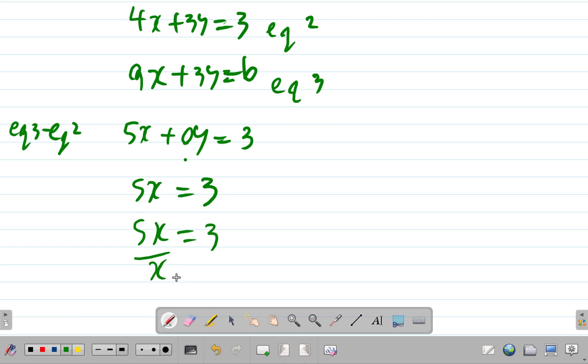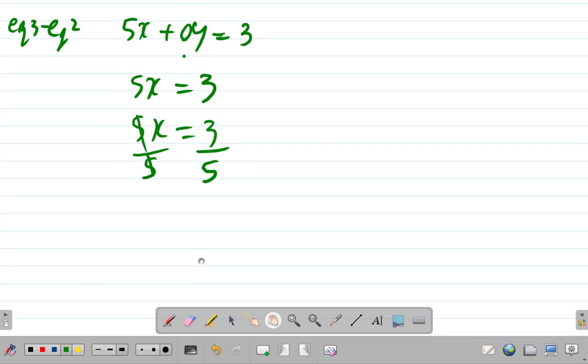Our aim is to get x alone. Divide by 5, not x, divide by 5. We divide both sides by 5. So the 5 cancels itself, so what you have is that x is equal to 3/5. Good. So we found x.